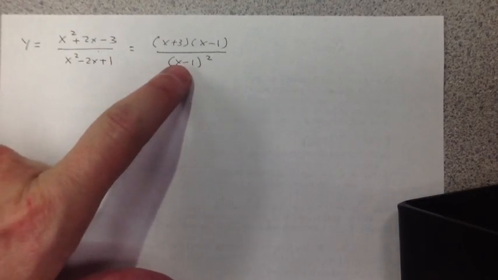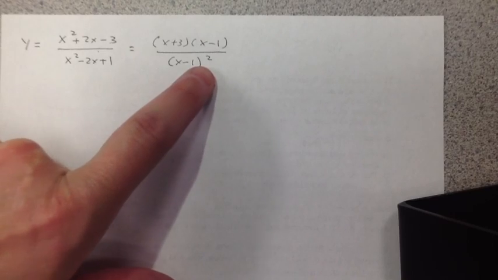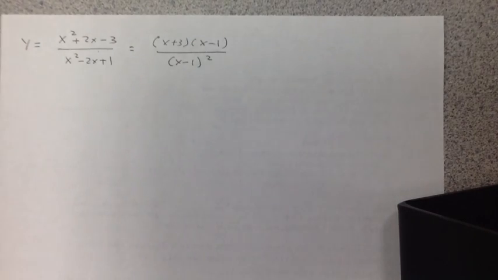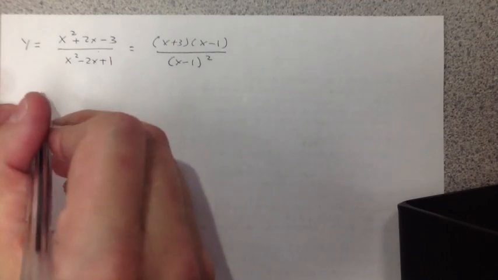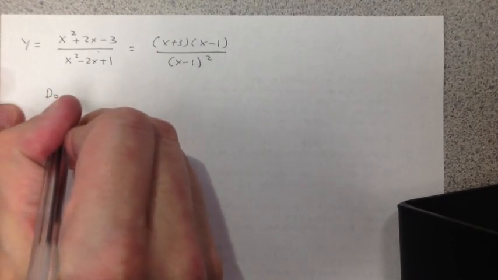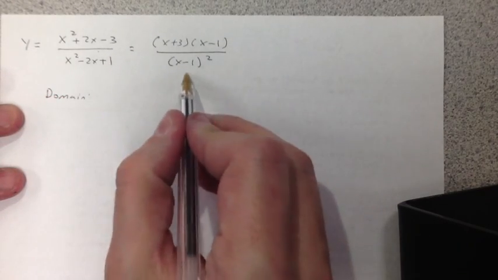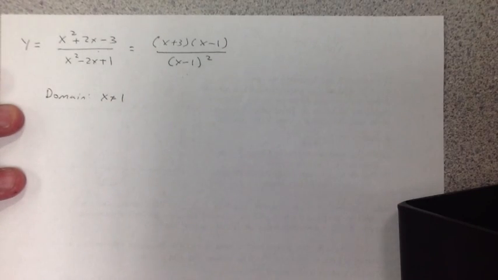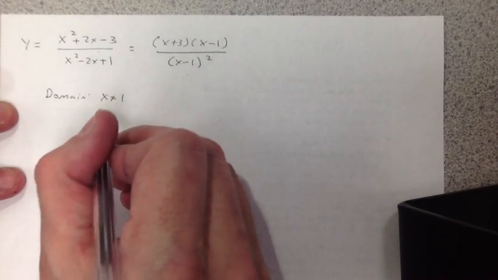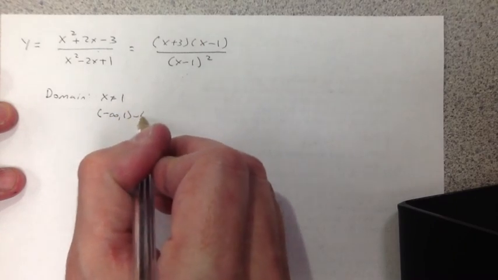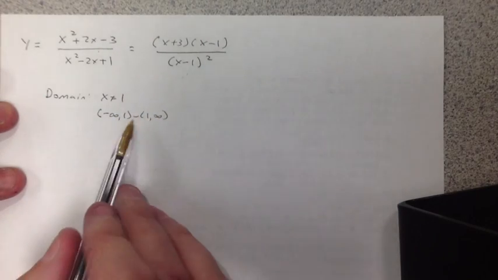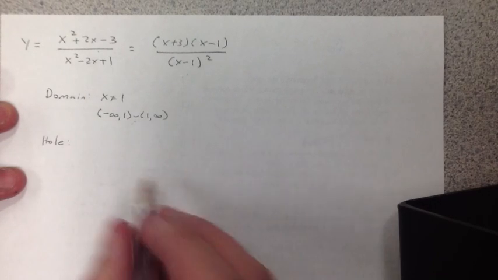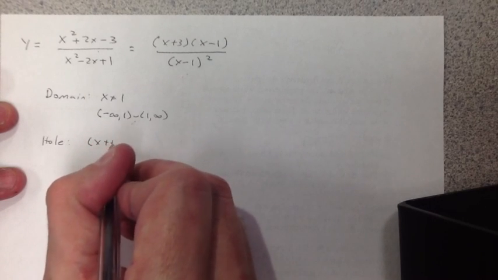Now, what I want you to pay attention to is we have something that will cancel, which means we're going to have a hole. But first, let's get our domain. X still can't be 1. It cannot be 1. Okay? Now, after I get my domain from negative infinity to 1 or from 1 to infinity, then we worry about the holes. So to get the hole, I'm going to look at my equation again.